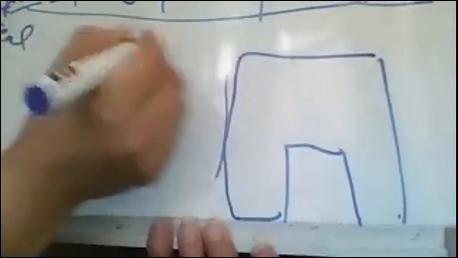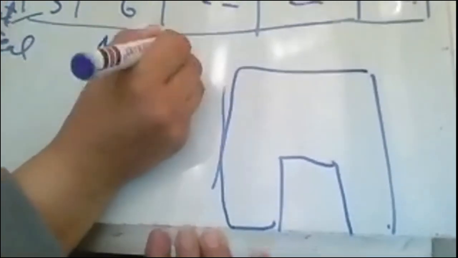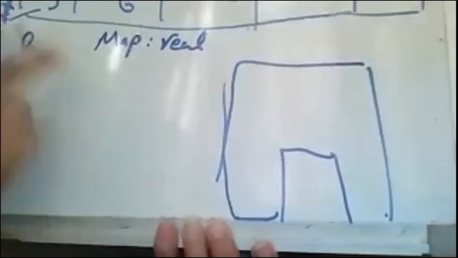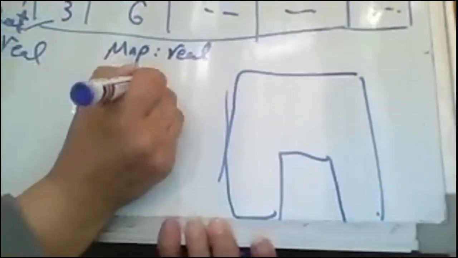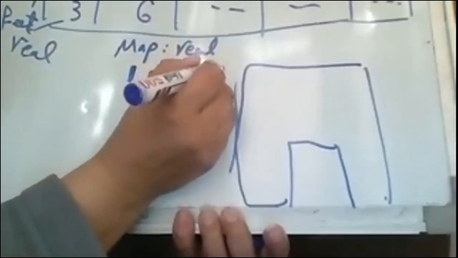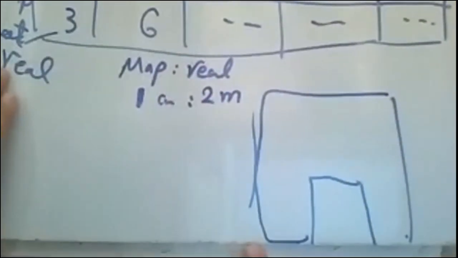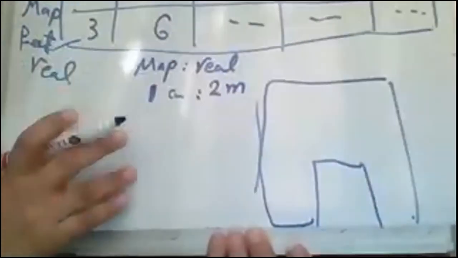So if I give you a key and say map to real, every 1 centimeter on the paper will be 2 meters in reality. Okay, then I will go to the school.